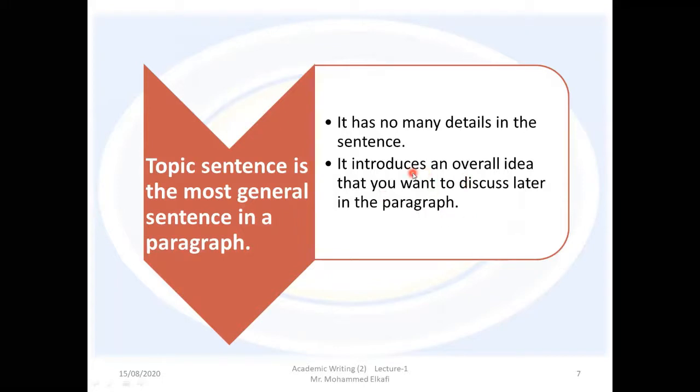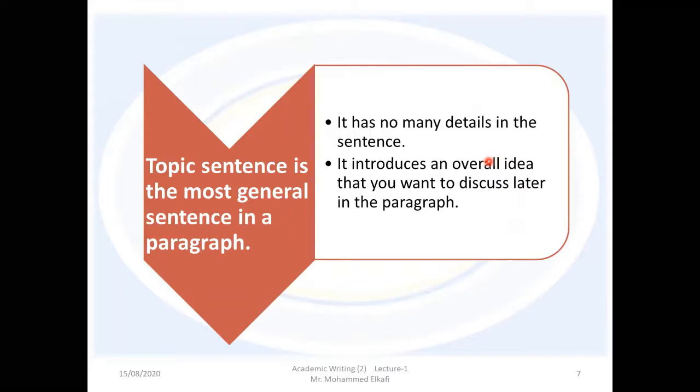That means it will include the complete idea of the whole paragraph. So when you read the first sentence, you will know what will be included in the next part of the paragraph.